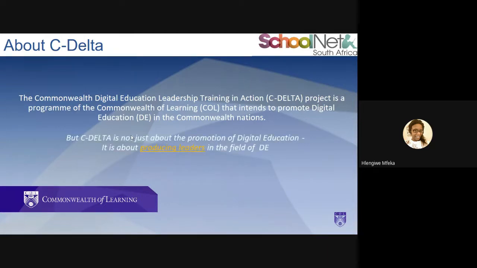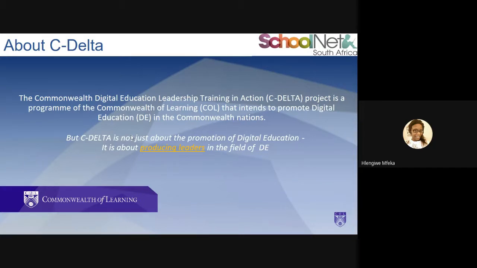Now, other than promoting digital education, the core of this program is also to produce leaders in the field of digital education. As you are here, I'd like to believe that you have interest in digital education, and by virtue of being a teacher, you are a leader.